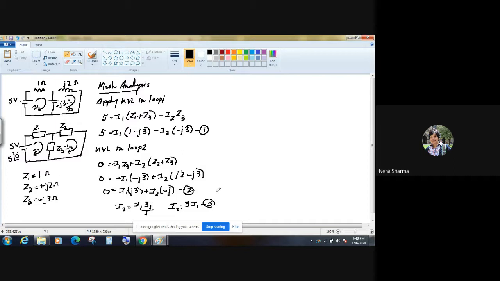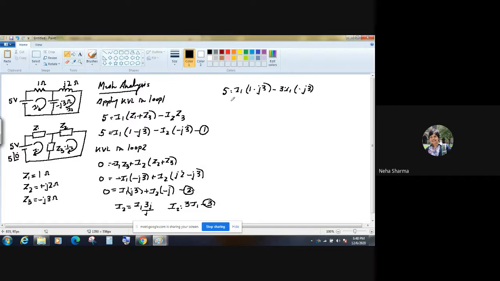If I'm going to solve for I1, I have to put equation 3 into equation 1. So 5 is equal to I1 times (1 minus j3) minus, now I2 is 3 times I1, times minus j3.